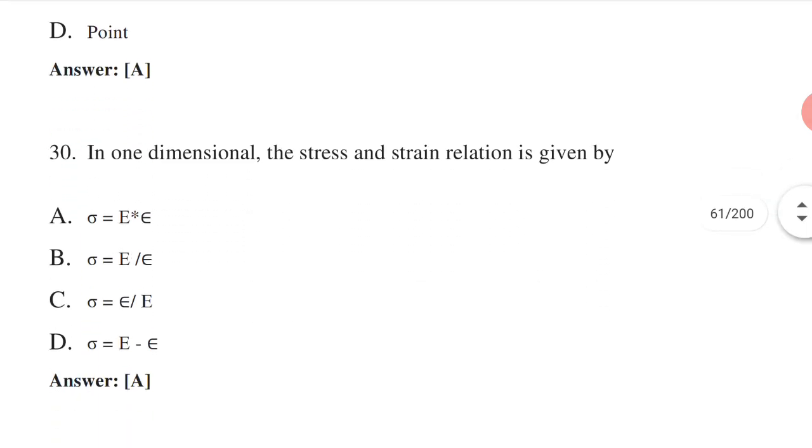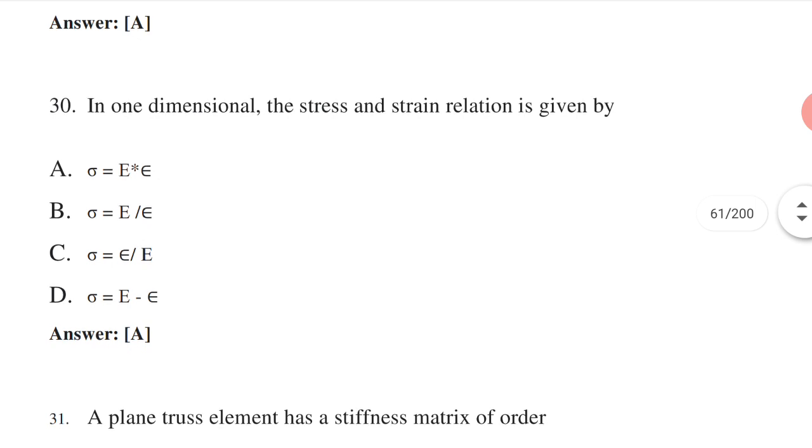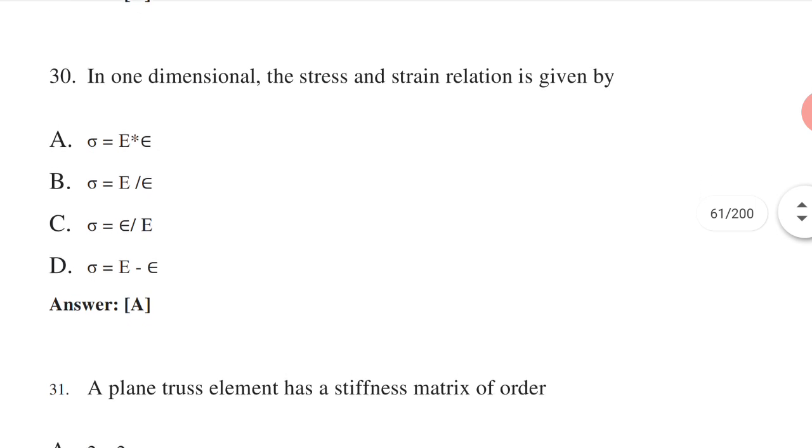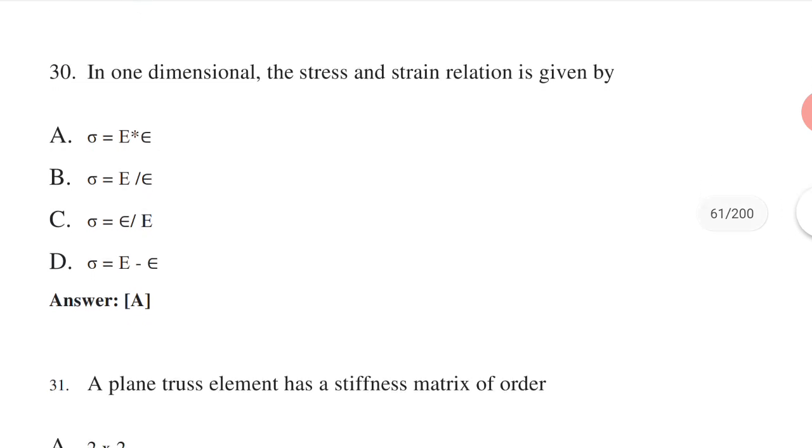So, next question is, in one dimensional the stress and strain relation is given by. In general we know the relation between stress and strain: stress is equal to E into strain, where E is the modulus of elasticity.